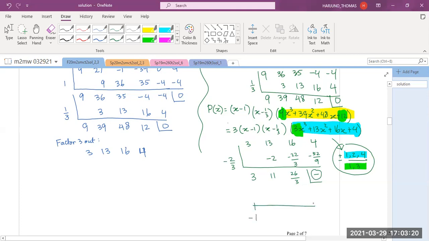Between -1 and 0, we know there must be a 0 because when we plug in -1, the output is negative. When we plug in x equals 0, the output is 4. When we try -2/3, we get negative here. So we can update our interval: the 0 must be between -2/3 and 0.